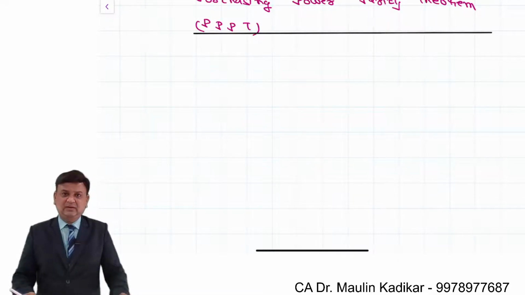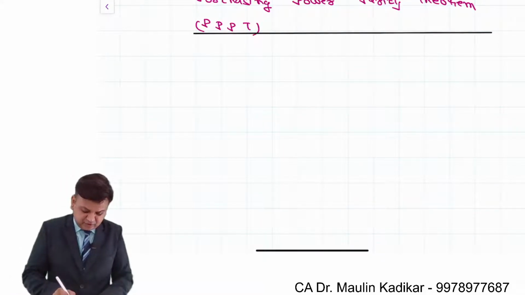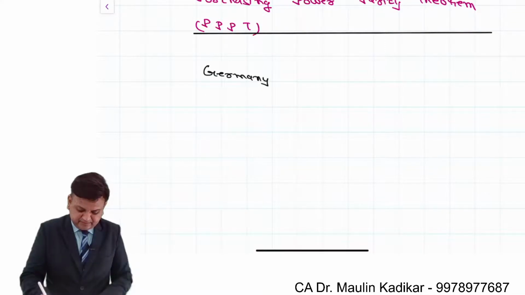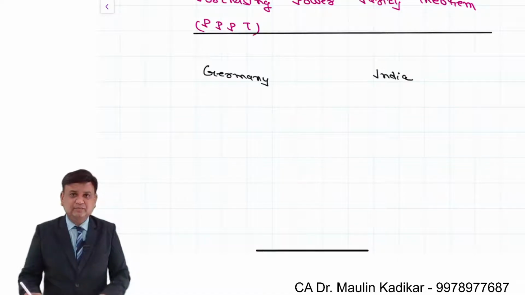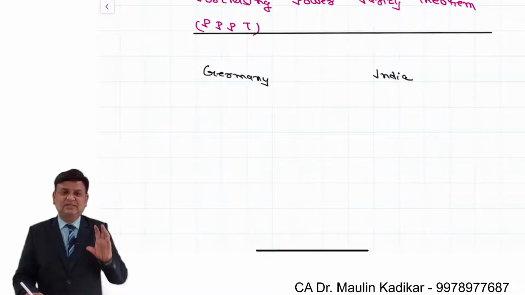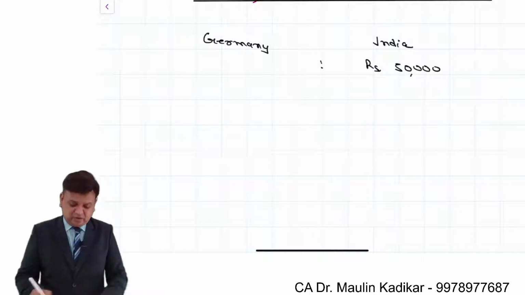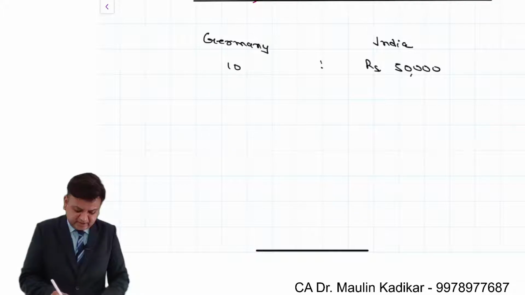For example, we can take the price of gold in Germany and in India. Let us assume that a certain commodity of gold in India has a price of rupees 50,000 and the same commodity has a value of 1000 Dutch mark in Germany.